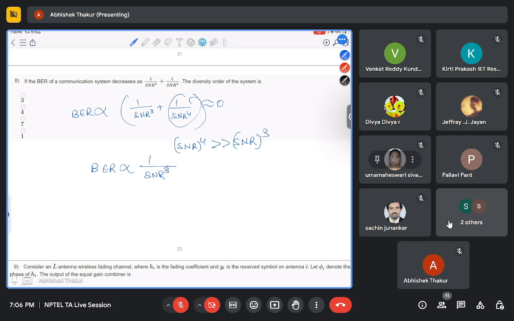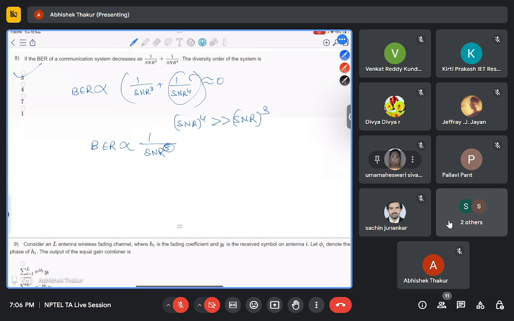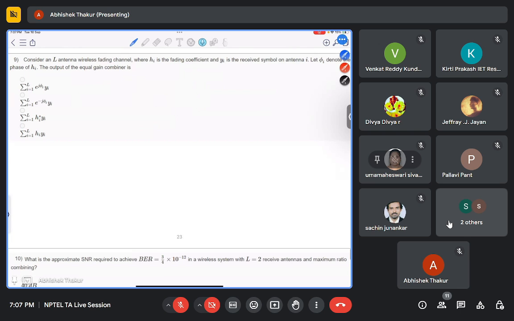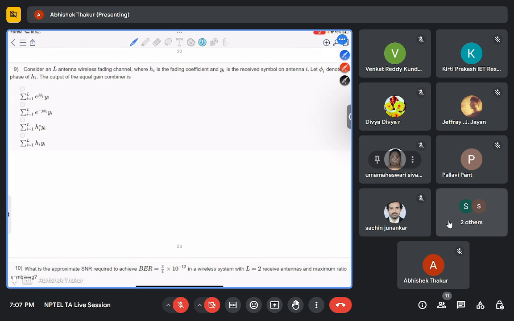So it is depending on SNR to the power of 3. That is the dominating term. So here the diversity order of the system is 3, because 1 by SNR to the power 4 will be very small. Both may be close to 0, but 1 by SNR to the power of 4 is much smaller than 1 by SNR to the power of 3. So this is the dominating factor here. So move on to question number 9.